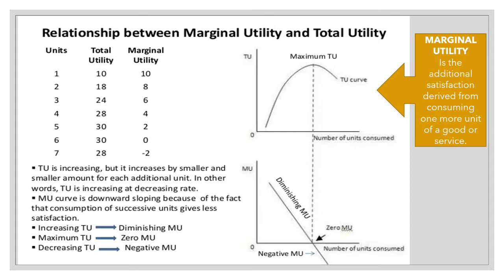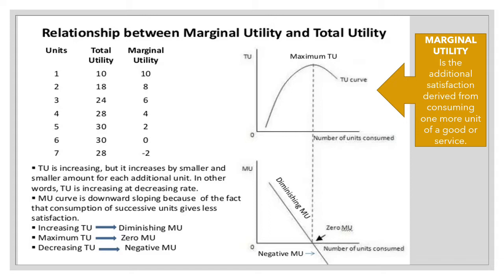You must be very hungry that this pizza provides you increasing utils. I don't know how much you like pizzas, but when you eat the sixth slice of pizza, it only provides you 30 utils, and the seventh slice of pizza provides you 28 utils, which means it decreases. So maybe you are full or something like that.